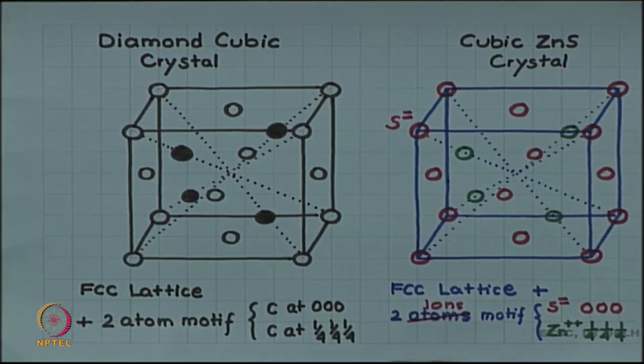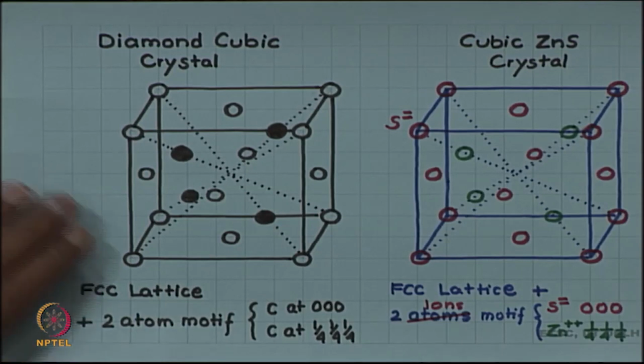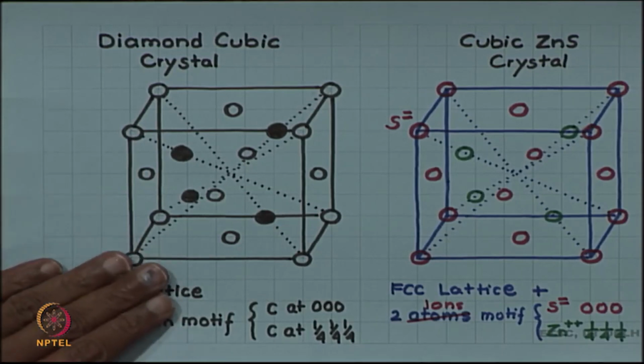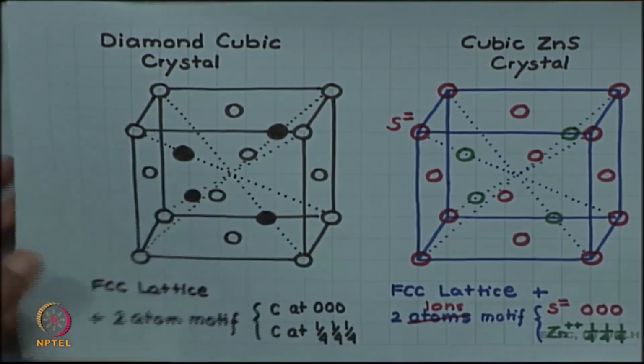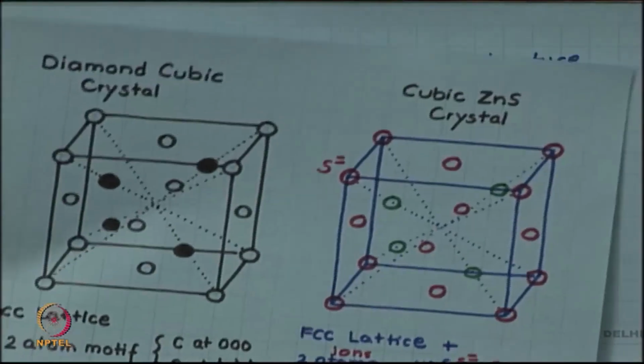Again, these two structures should be considered as different crystal structures despite their similarity. We will have a diamond cubic crystal only if both the atoms are the same. We will have a zinc sulphide structure if the two atoms are of different types, that is, the body diagonal ones and the corner and face center ones are different.